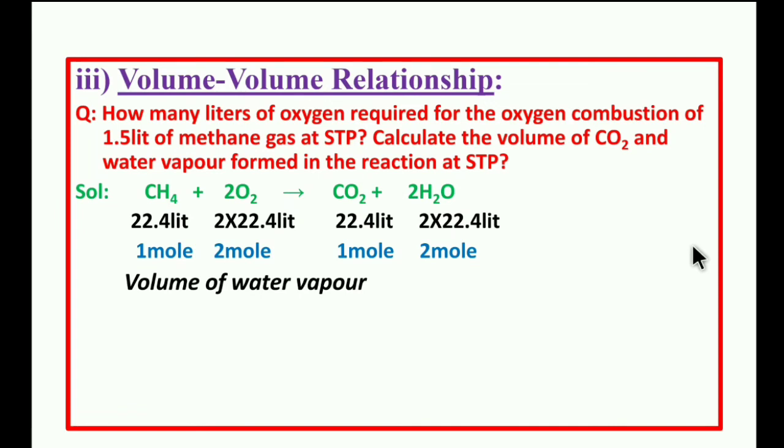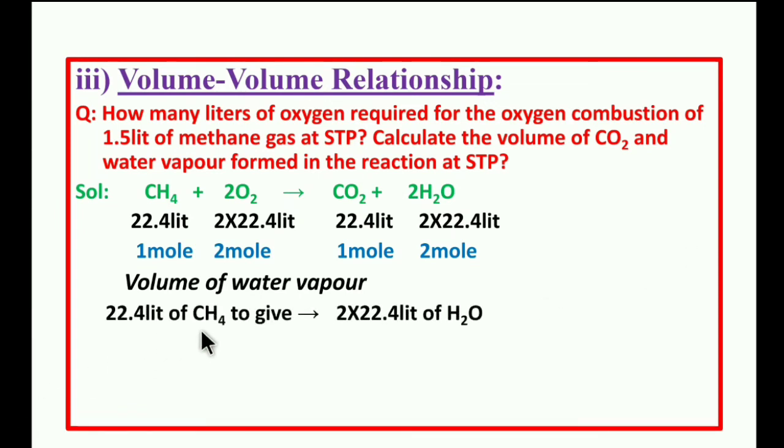Coming to finding the volume of water vapor first. 22.4 liters of CH4 gives 2 into 22.4 liters of H2O. So what we require: 1.5 liters of CH4 gives how many liters of H2O?